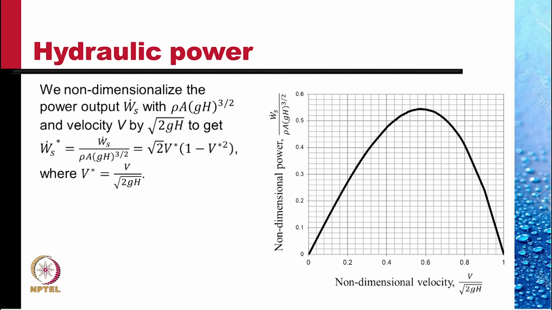We non-dimensionalize the power output Ws dot with rho A (gH) raised to the power 3 by 2. This is the total power that would be available if we extracted all of it from the system.